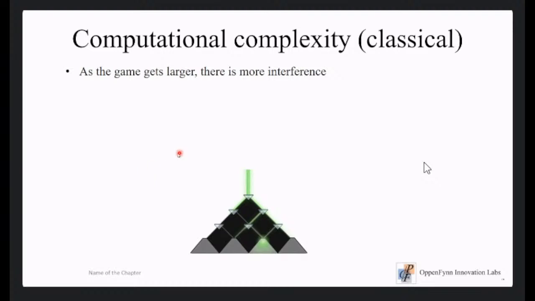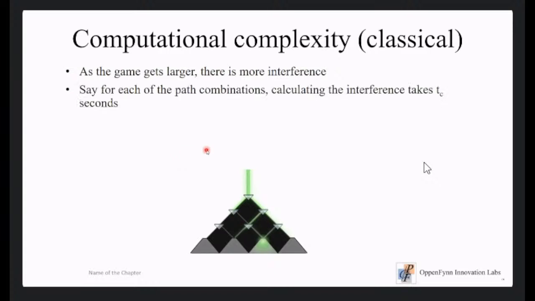This is how classical computers calculate. If you have, let's say, 4 bits, you can have 16 different combinations of the 4 bits, and each of those has to be done one by one. As the number of levels or the number of bits gets larger, the complexity increases, as you can see in classical computing. Let's say, for example, that calculating the interference for each one takes TC seconds.